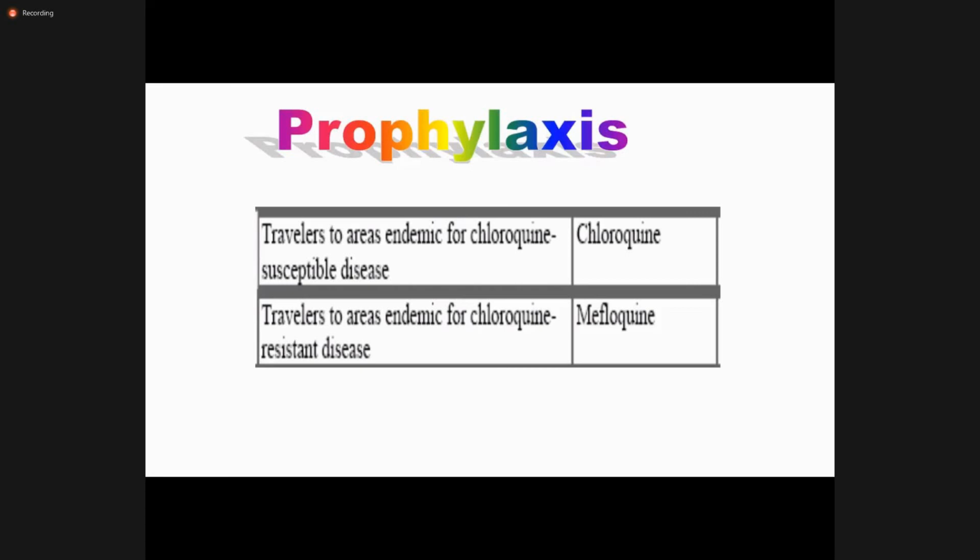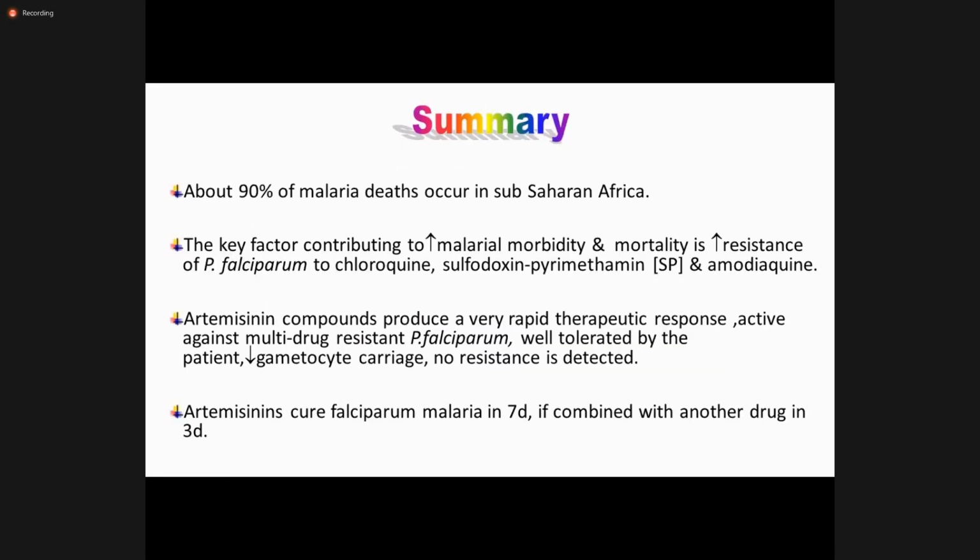This is the summary of whatever I discussed. Just a little stat: 90% of malaria deaths still occur, since malaria is a very fatal disease in Saharan or African conditions. Again, this happens with resistance cases. Resistance cases are the main reason for this.